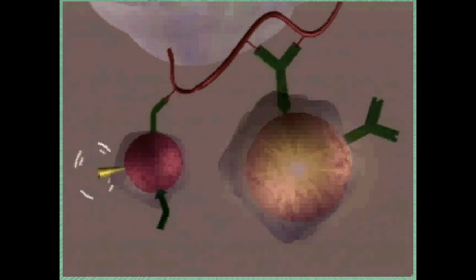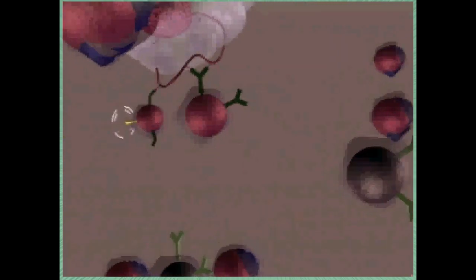And here you see also the cell producing the cytokines, which involve the cells to this infected agent.